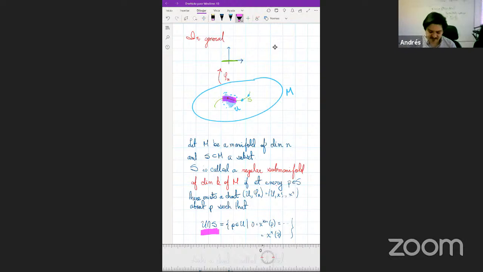The first ones are free to move. And the last coordinates correspond to the 0.